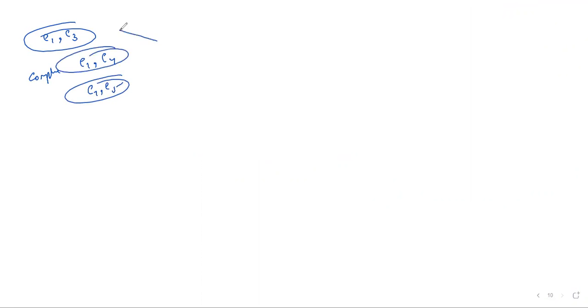Now there is one more point. I have taken the complement of these vectors as E1 and E3. This complement can also be E1 and E4, or E1 and E5. So we can say that the projection of the same vector U into subspace S can be different along different complements.